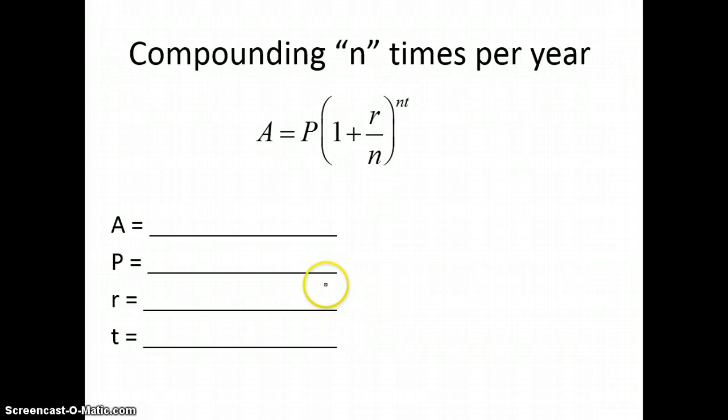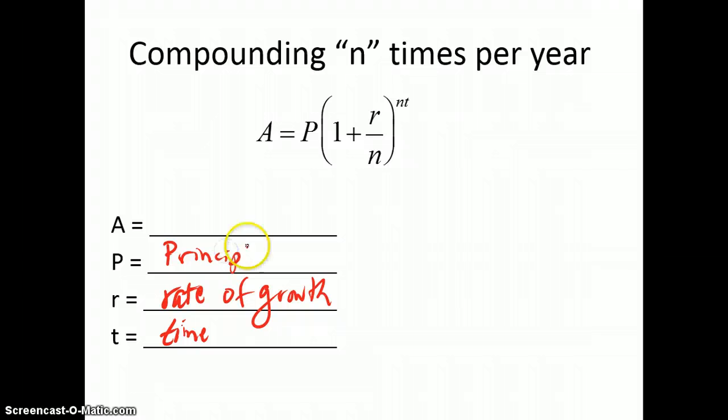Okay, let's go through a few of what these variables mean. T is always time. R is always the rate of growth, or the growth rate, whatever you prefer. P is what we call the principal, and principal is the money invested.